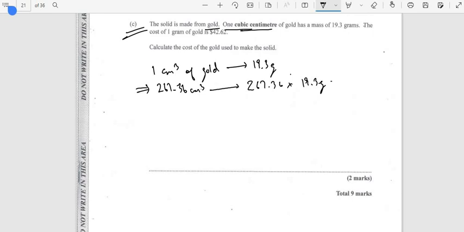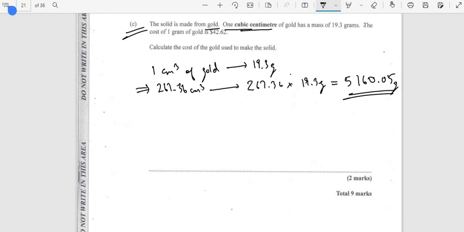And this will give us 5,160.05, at least two decimal places, grams. That will be the mass of this entire solid.